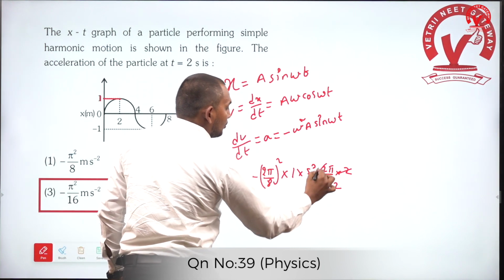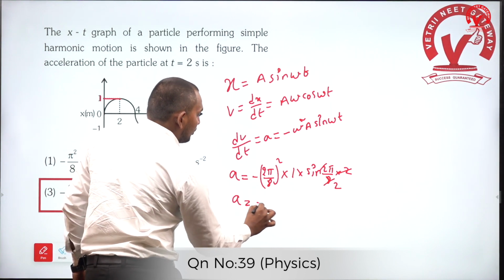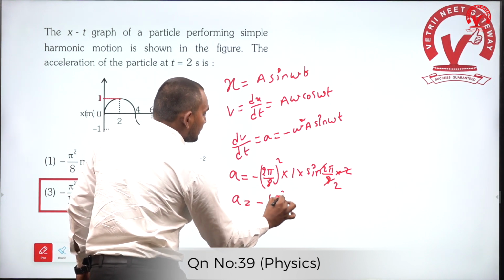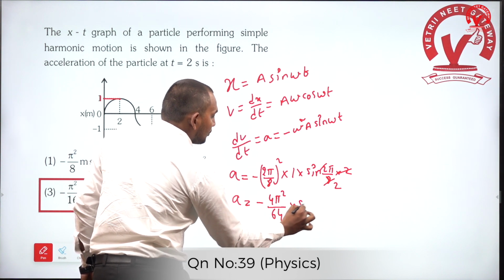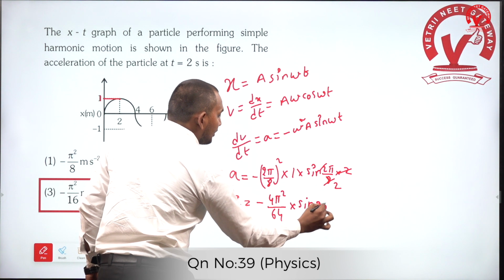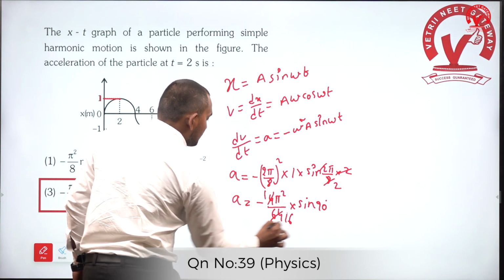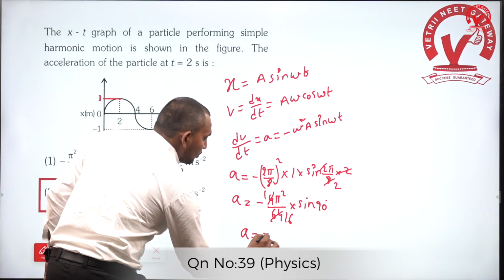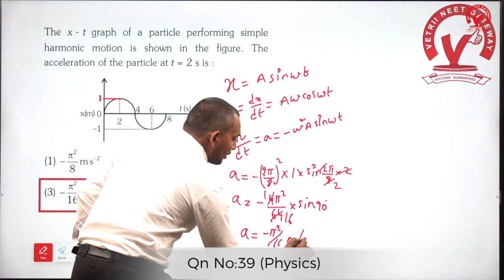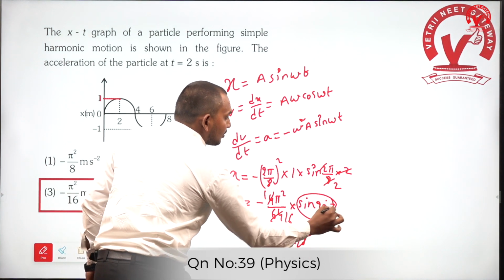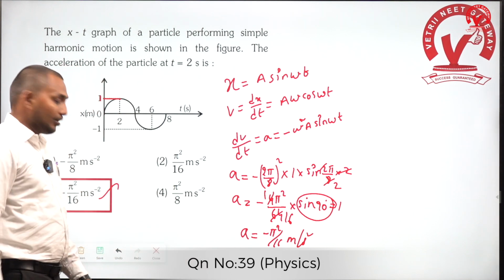So it will give sin pi by 2, that is 90 degrees. a is equal to minus 4 pi square by 64 into sin 90 degrees. So a is equal to minus pi square by 16 meter per second square, since sin 90 is equal to 1. So our option is 3. The correct option is 3.